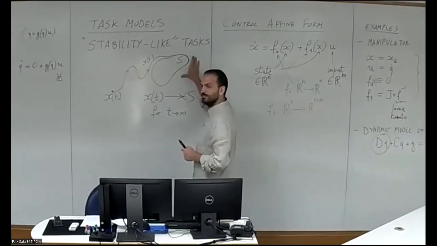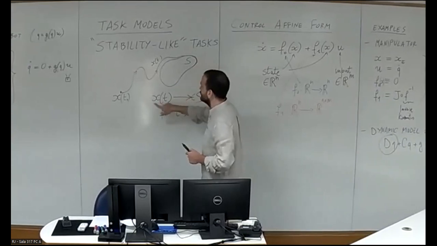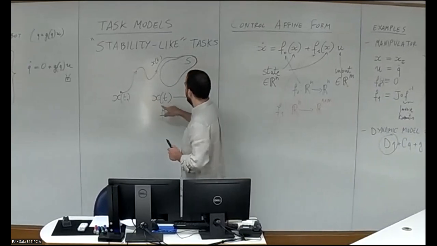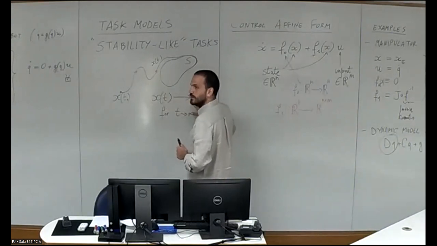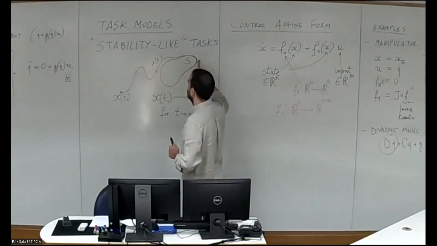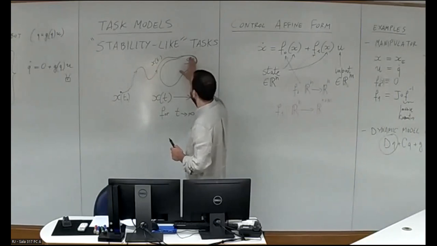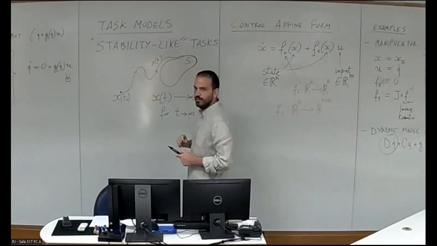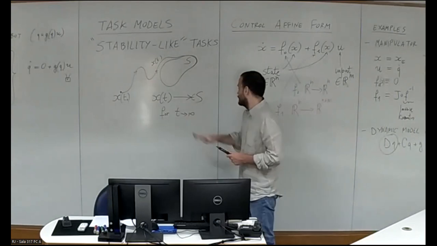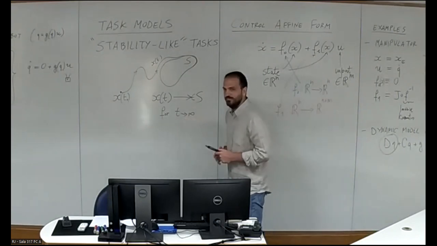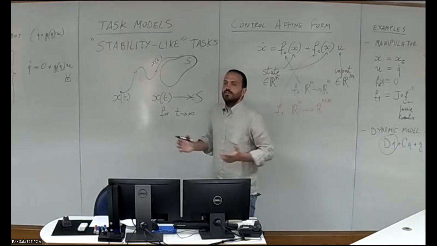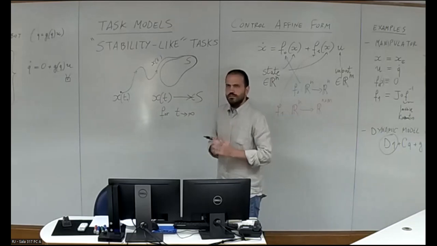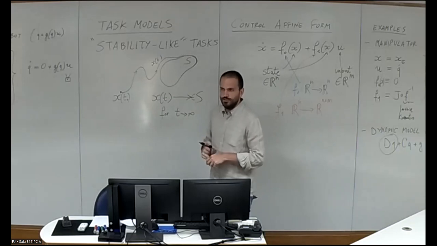This is this picture. So we start at x0, and then as time goes on, we are approaching the set S. We're getting closer and closer to set S. At some point, we are going to belong to the set. For example, as t goes to infinity. I don't know if you know anything about the stability of systems. I think you said you have some knowledge about stable points, unstable points.